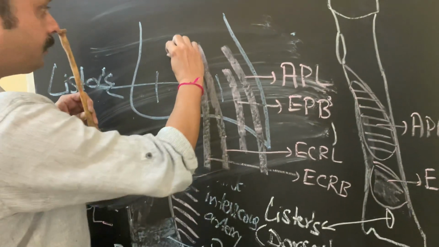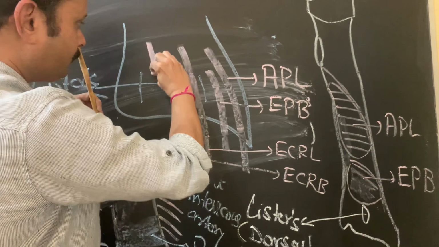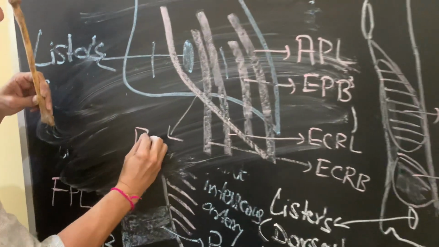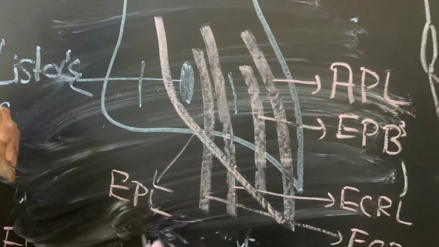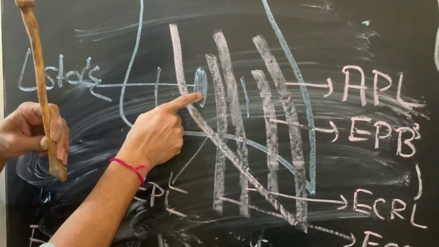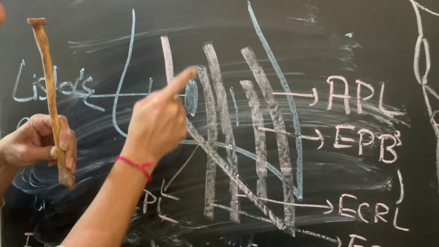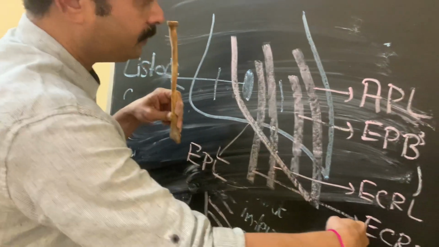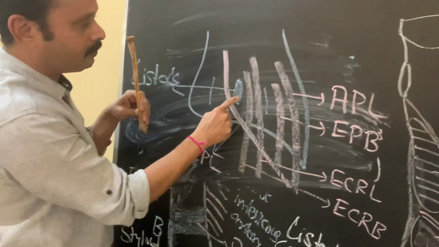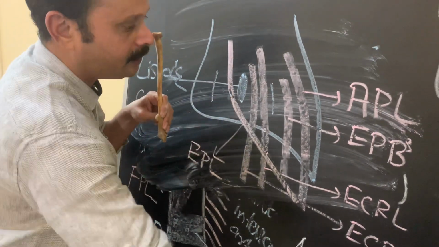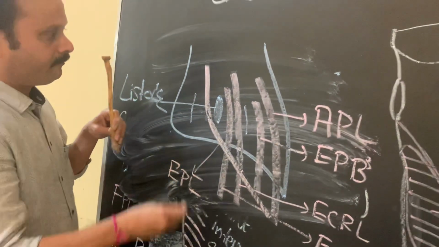Just medial to this, the extensor pollicis longus goes like this. In fact, this extensor pollicis longus uses this Lister's tubercle as a pulley to turn from the medial end to the lateral side. So this tubercle forms an important support for this muscle to turn laterally towards the thumb.